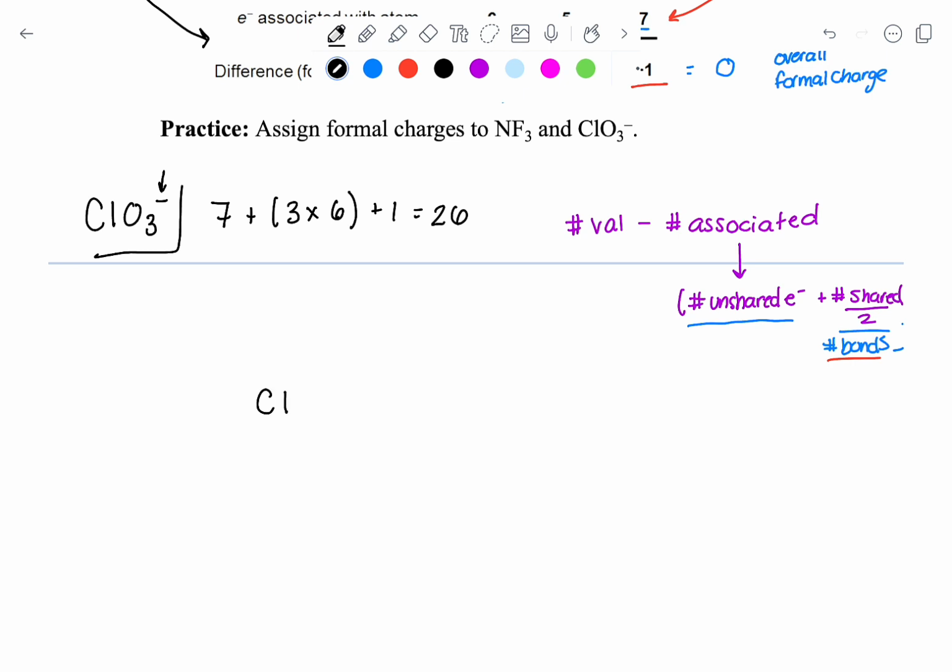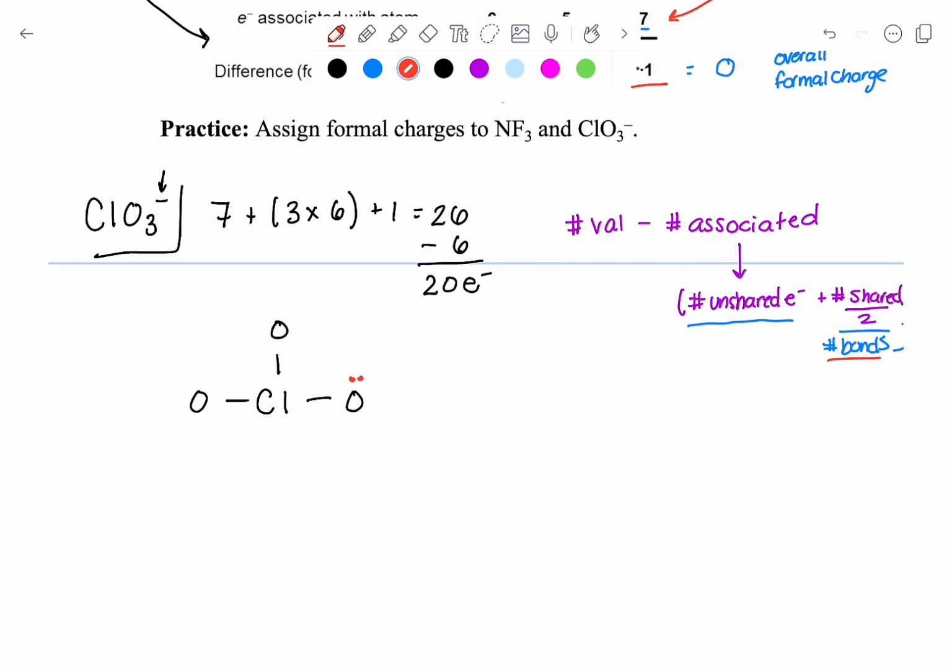Chlorine is our central atom, and it's going to be bonded to the 3 oxygens. In making those bonds, I used up 6 electrons, leaving me with 20 electrons left over. I'm going to use those 20 electrons to distribute as lone pairs to complete the octets on my surrounding atoms, so my oxygens. Each oxygen currently has 2 electrons, 1 bond, so they all need 6 more electrons.